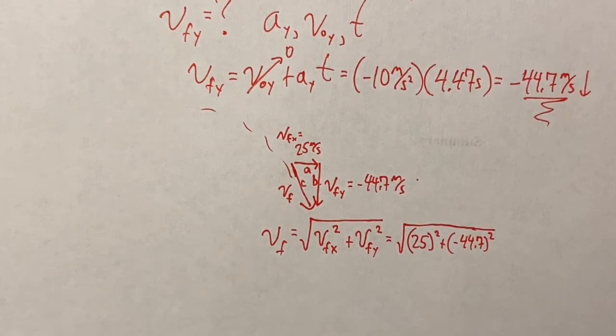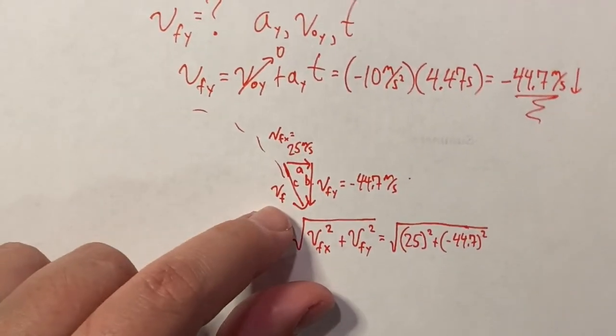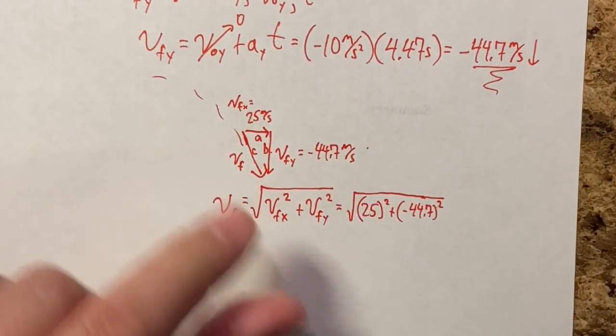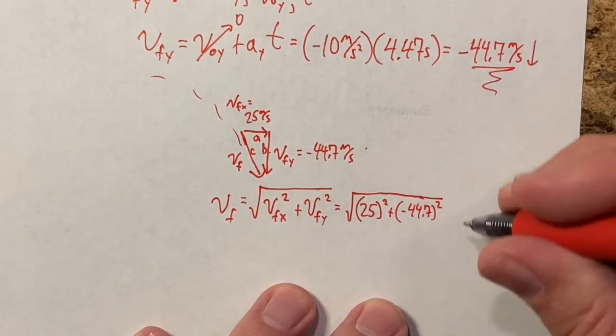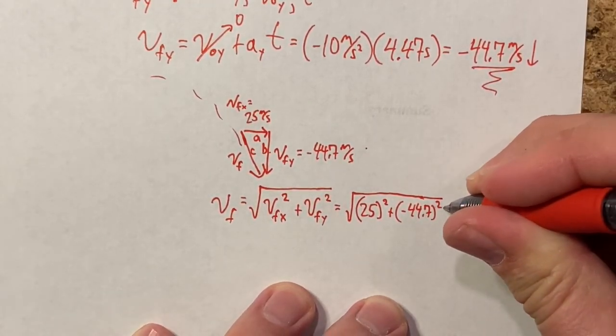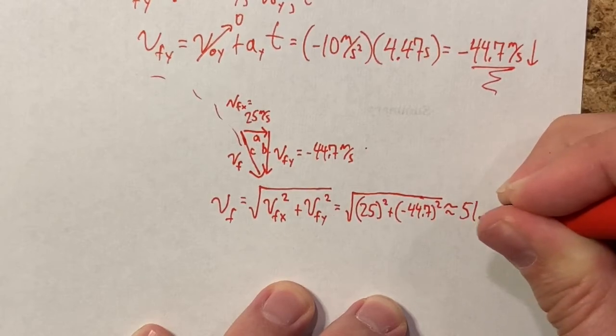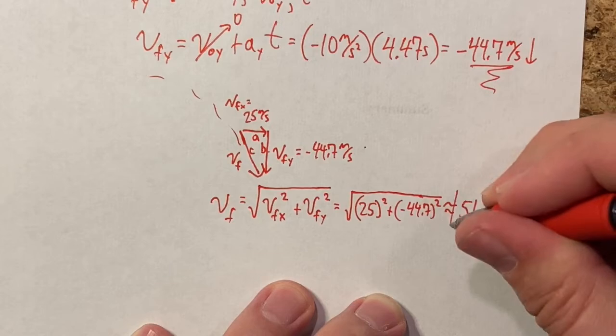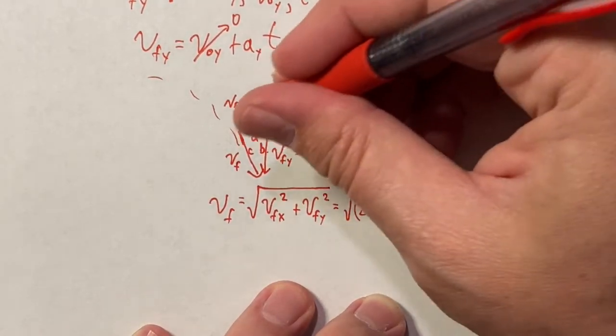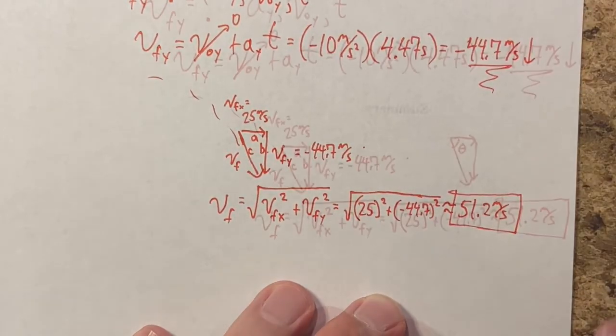So when I put that into my calculator, solving for the hypotenuse on our triangle here, I get that should be about 51.2 meters per second. So that is the combined of the x and y speed.